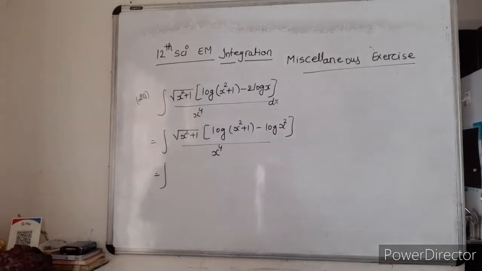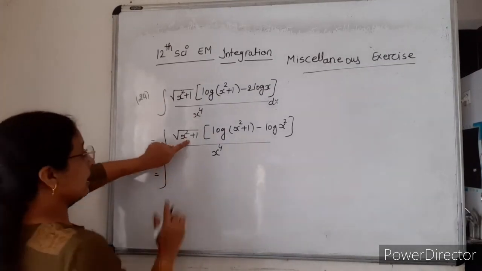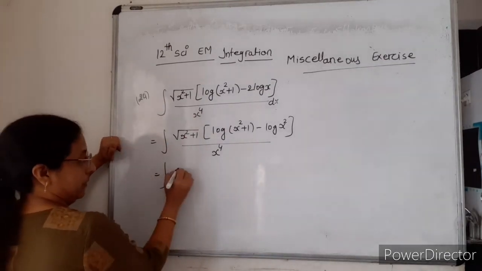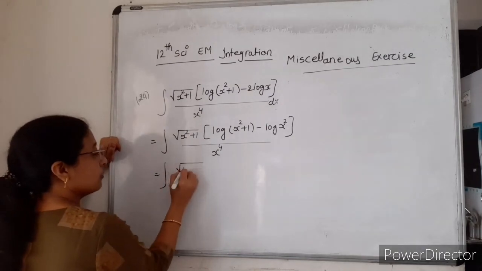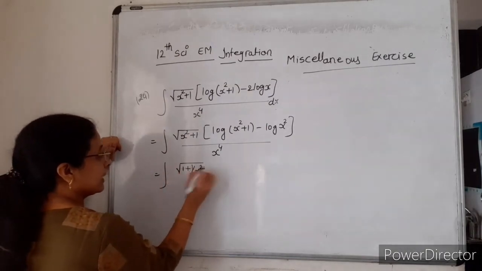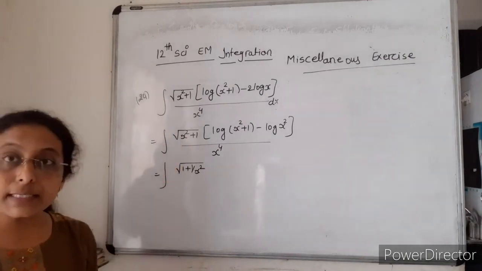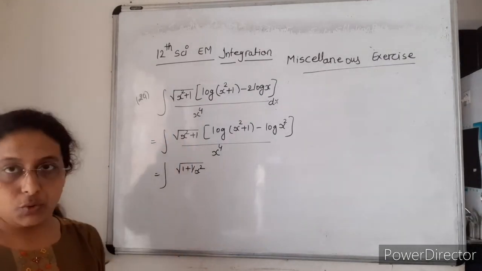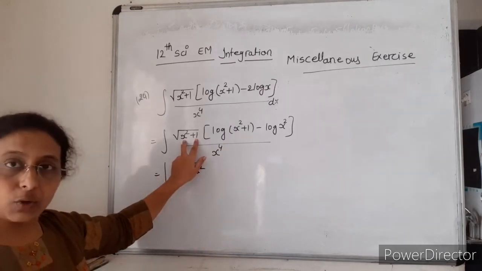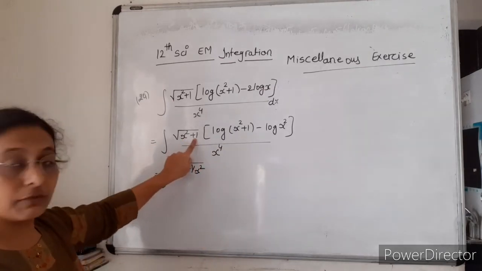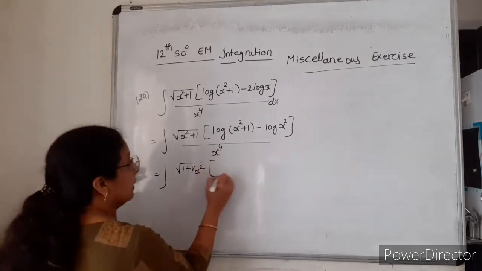Right? Yes. So from here if you take x common, it is 1 plus 1 upon x square. If you take x square common, under the square root x will come out and it will cancel with this. So I will take x square common. So 1 plus 1 upon x square.